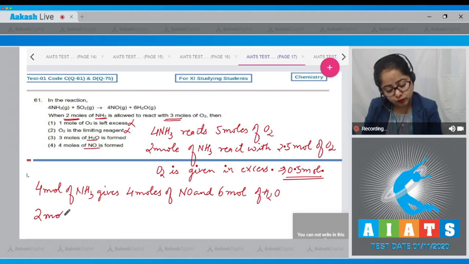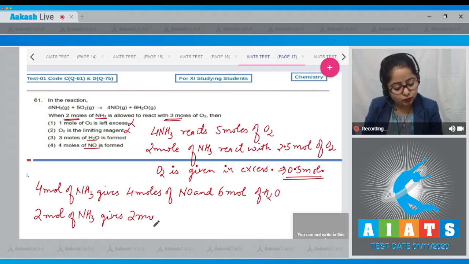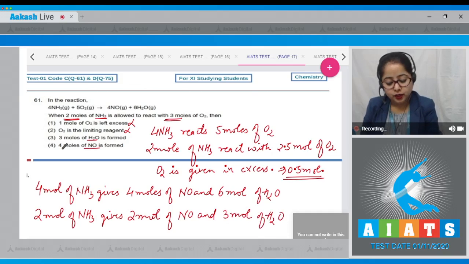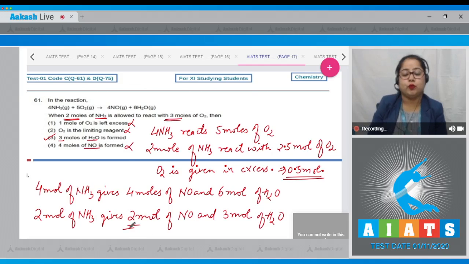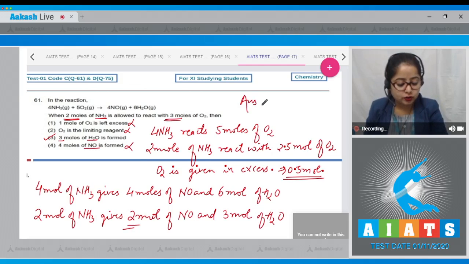So 2 mole of ammonia will give 2 mole of NO and 3 mole of H2O. Here it is given 3 mole of H2O, that means number 3 is correct, and 4 mole of NO is an incorrect option as 2 moles of NO is formed. So the correct answer is option number 3.